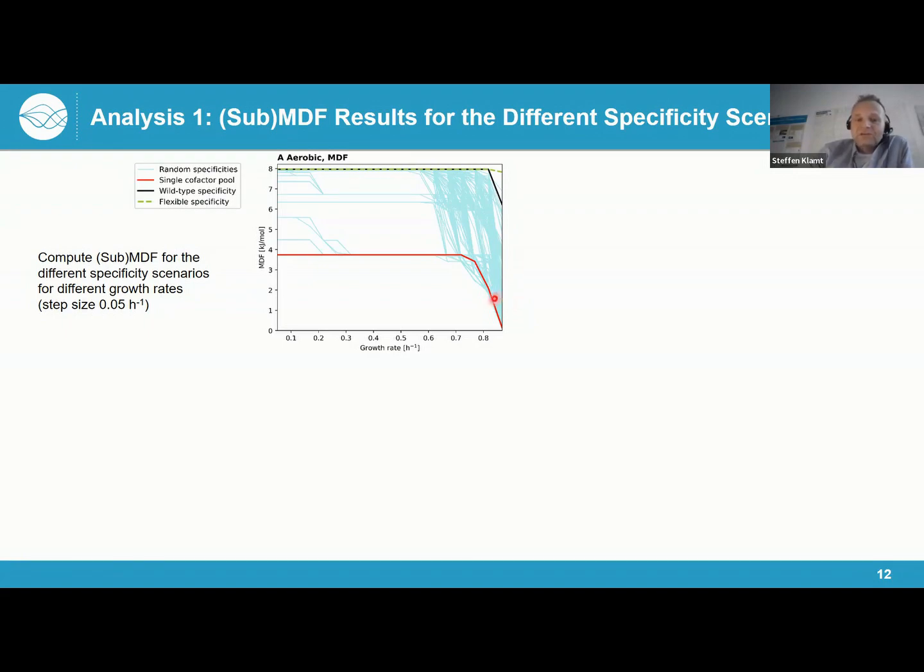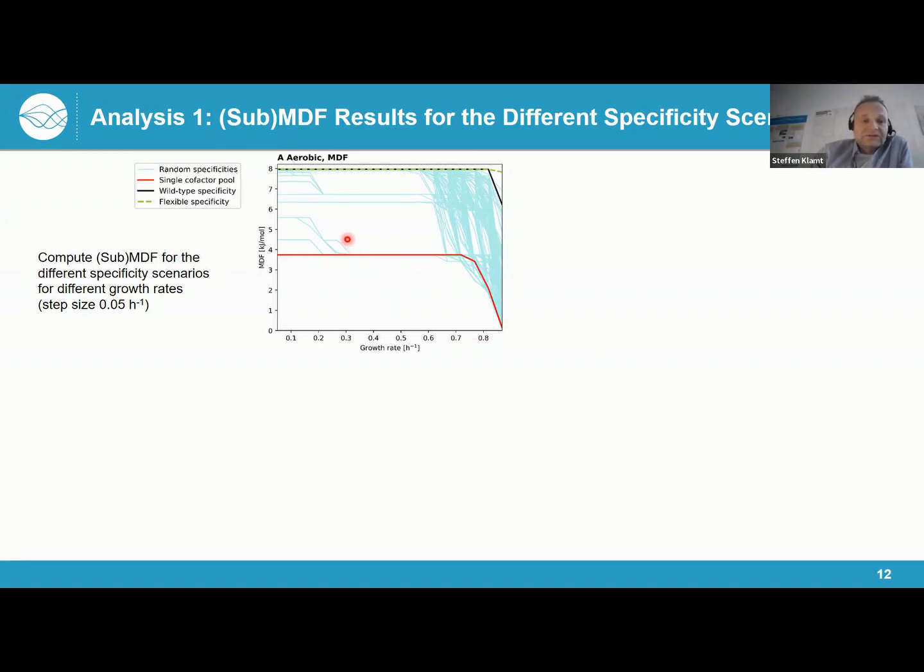And if you then decrease the growth rate, we get more and more feasible pathways. And then, of course, we can also get pathways with higher MDF. And for this reason, to really analyze also different growth rates here, we looked at these different growth rates.